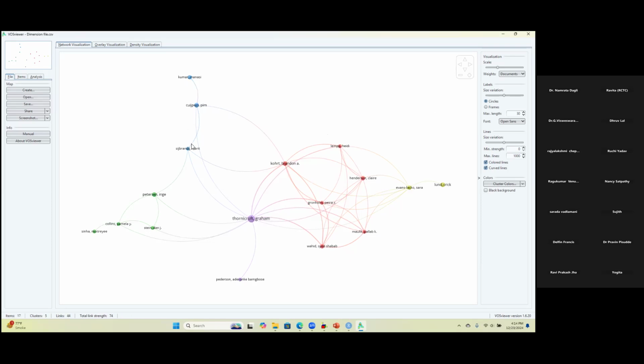These nodes are very, very small. So to increase the size, I will change the settings here to make it more clear. From here, you can increase the size.